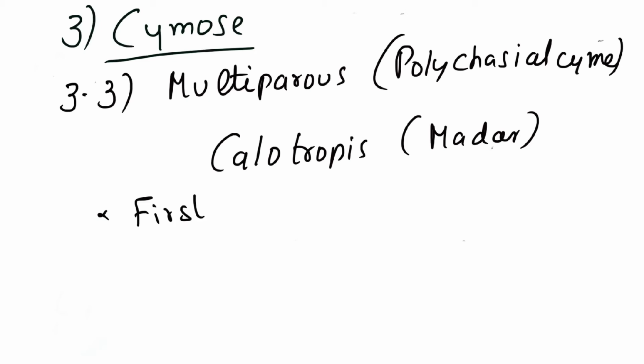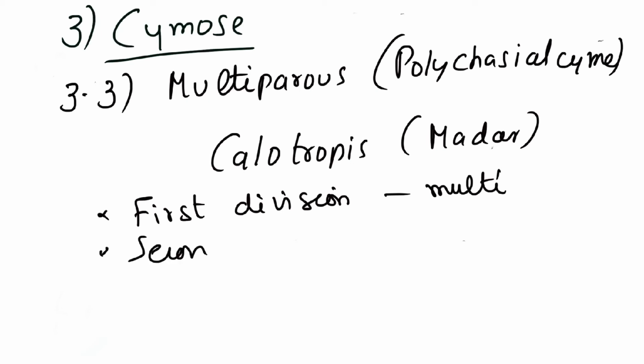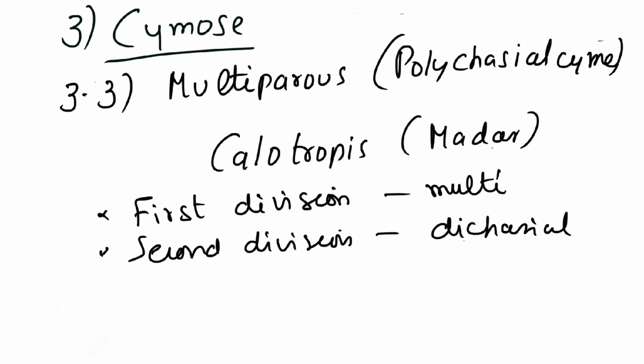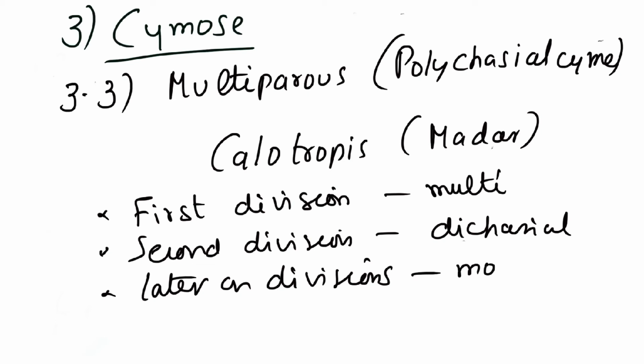Now, there's a very important point about this inflorescence. The first division or the first growth of the inflorescence is multiparous, in the sense of having multiple branches. But the second division usually is biparous or dichasial, and later divisions of the inflorescence are monochasial or uniparous.